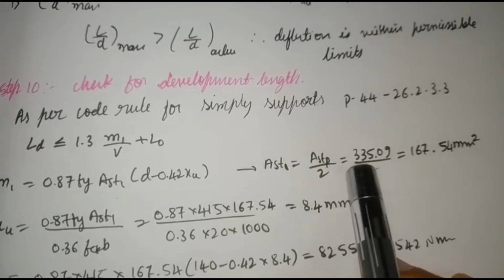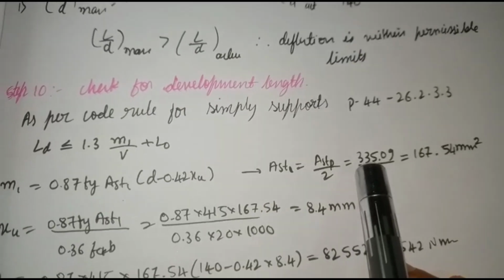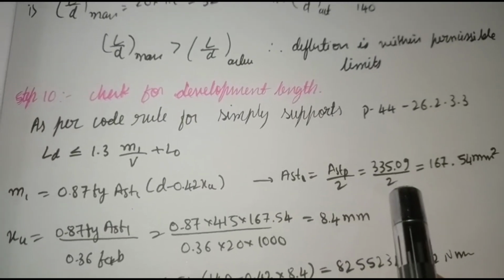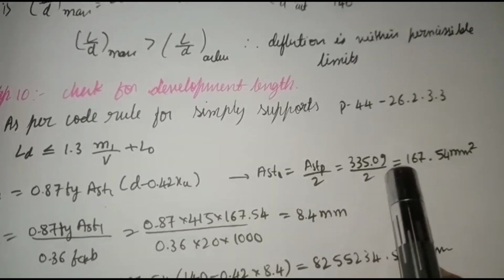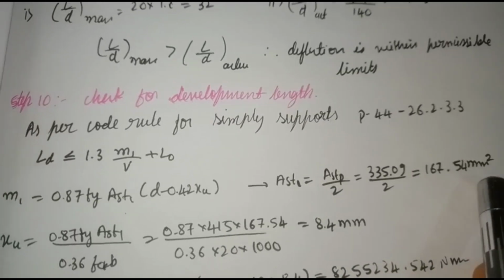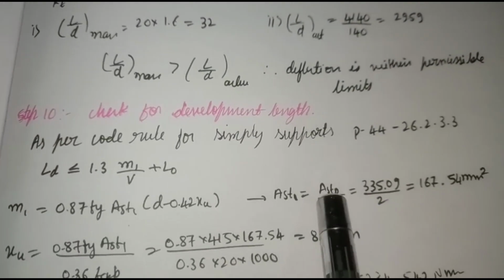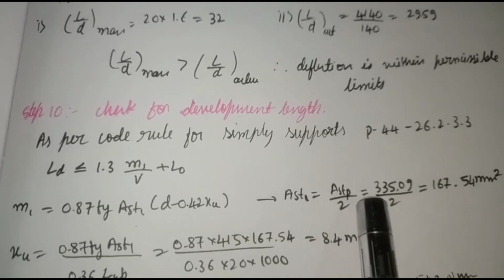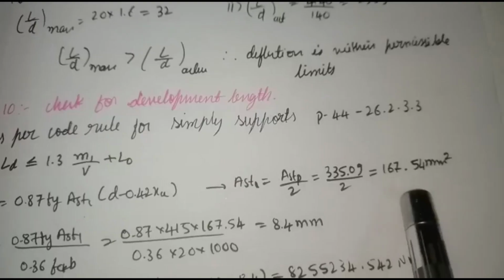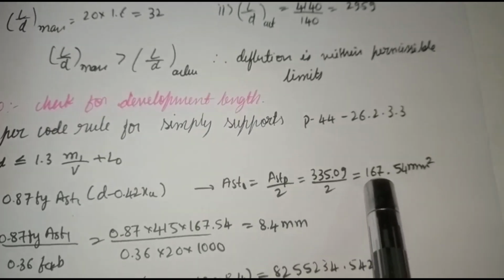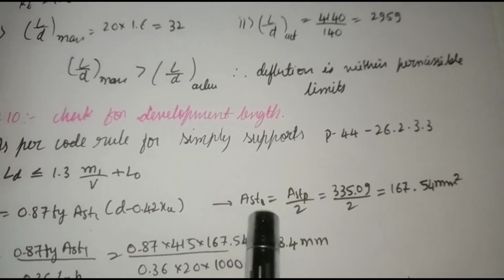So AST provided we got was 335.09 divided by 2. It will come out as 167.54 mm square. Here I am putting the value of AST provided for the short span, so it comes out as 167.54 mm square as the AST1.